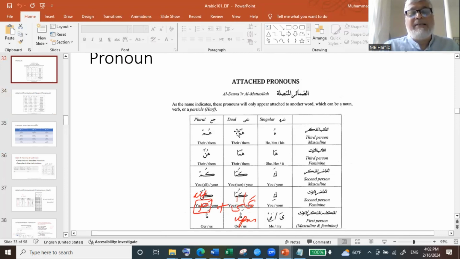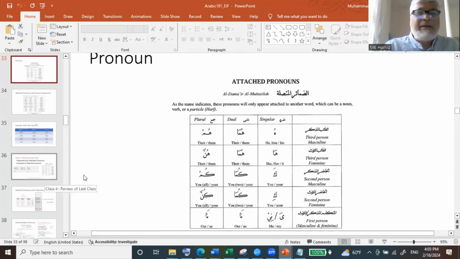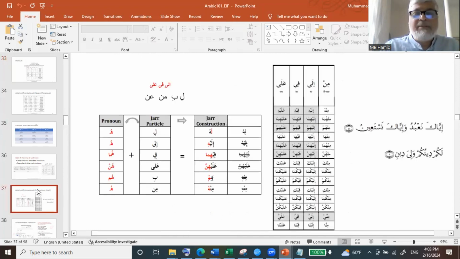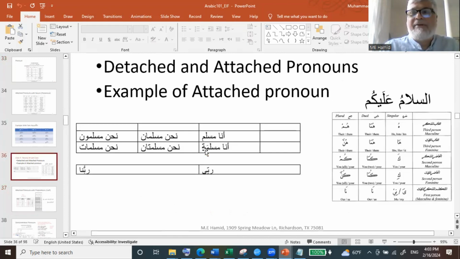Alaiha, alaihima, alaihinna, alaika, alaikuma, alaikum, alaiki, alaikuma, alaikunna, alayya, alayna, upon us. So that's basically how ala can be added to these attached pronouns. If we look at one of those, it's a very important construct that I use when I give salam.